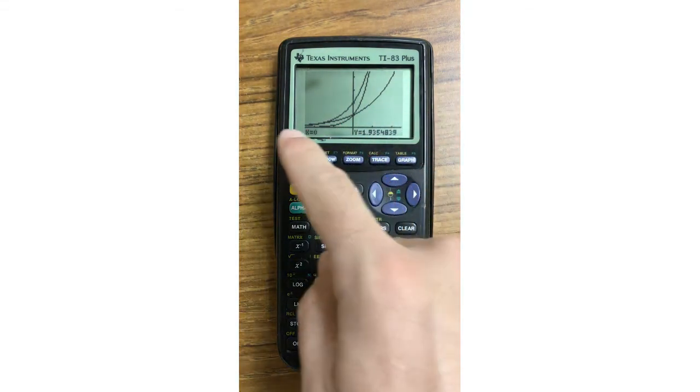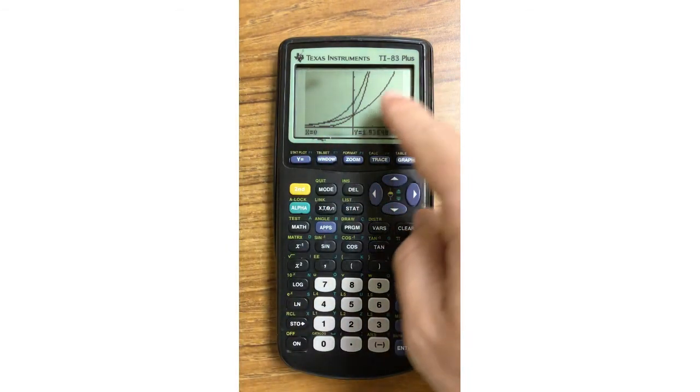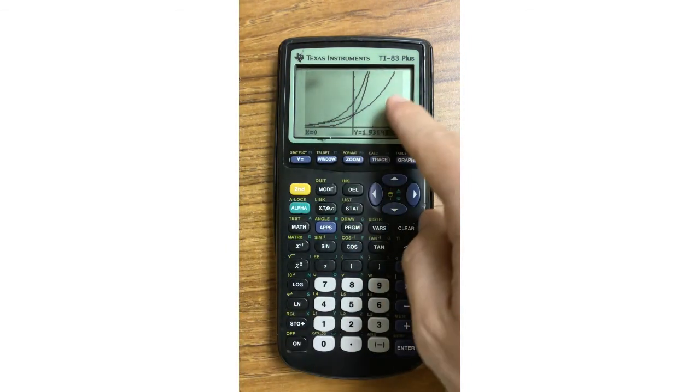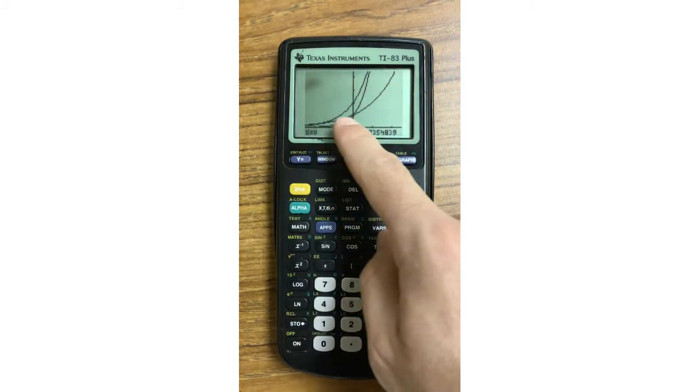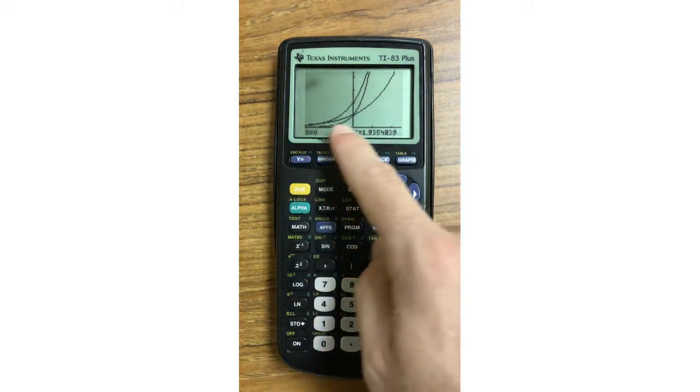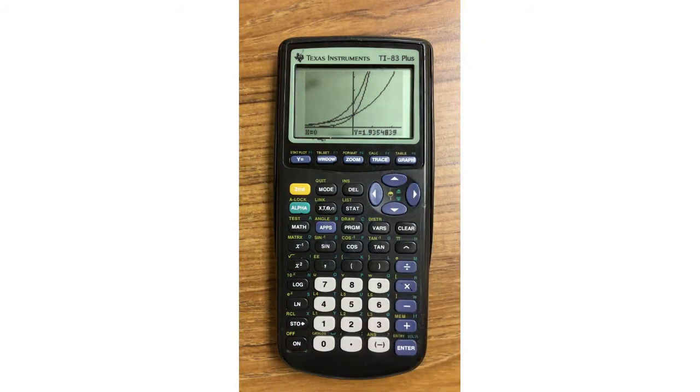If you were investing in stocks, or you see some sort of change in polling, collecting data, and you see this, this is called exponential growth. And we'll talk further about exponential growth as well as exponential decay.